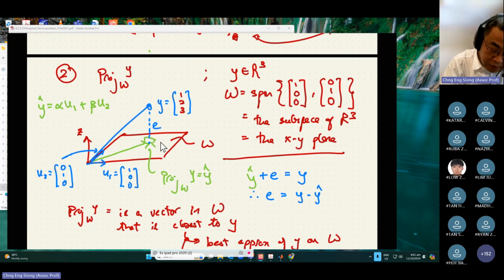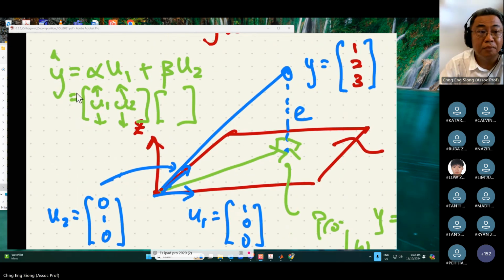I can also write it this way. U1, U2, and then what do you think I'll write here, guys? What do you think I'll write in these two elements here, please? Alpha and beta. See?